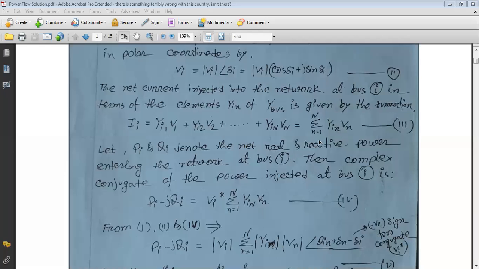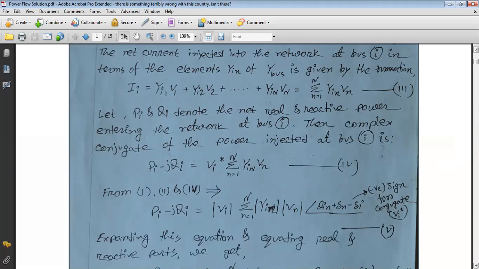That is, if we find out the current equation, then now we have to calculate the power equation, actually the complex power equation. Now the complex power injected from bus I should be Pi minus jQi.